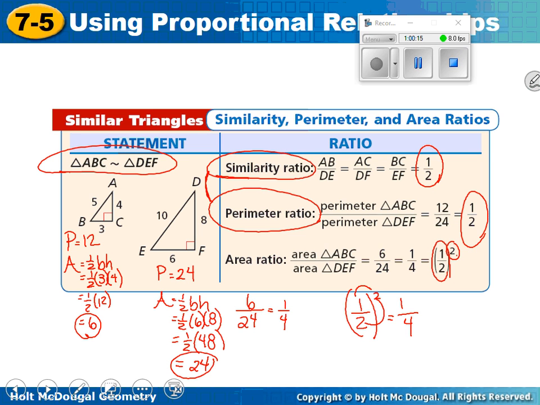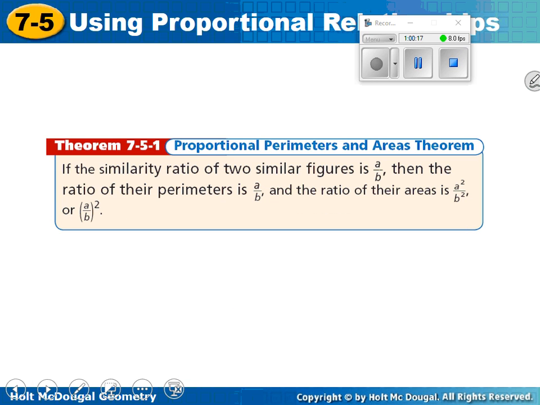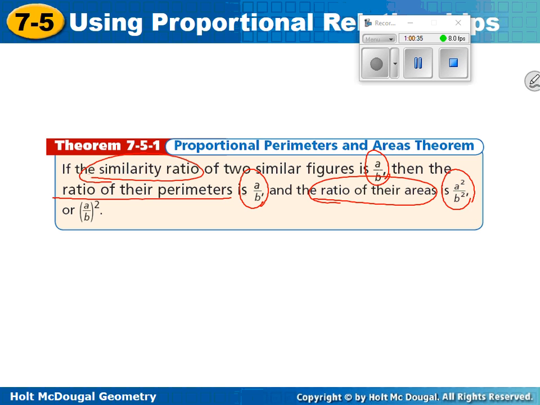Okay, so in the next little slide, you'll see this all written down. If the similarity ratio is A to B, then the ratio of the perimeters is A to B. With me, Ribbon? But the ratio of the areas is going to be A squared to B squared.